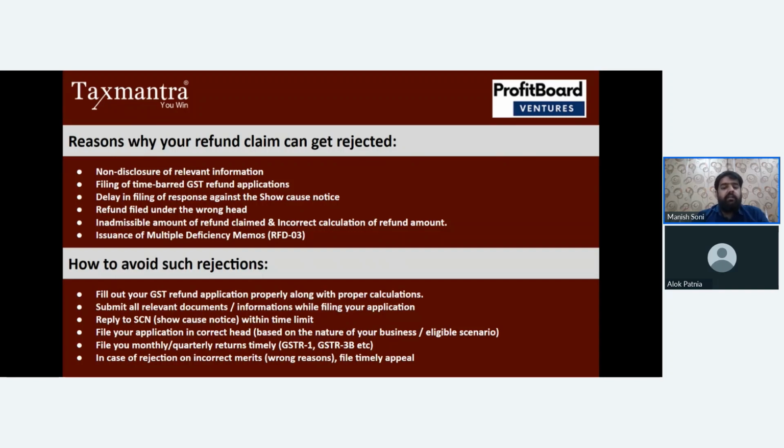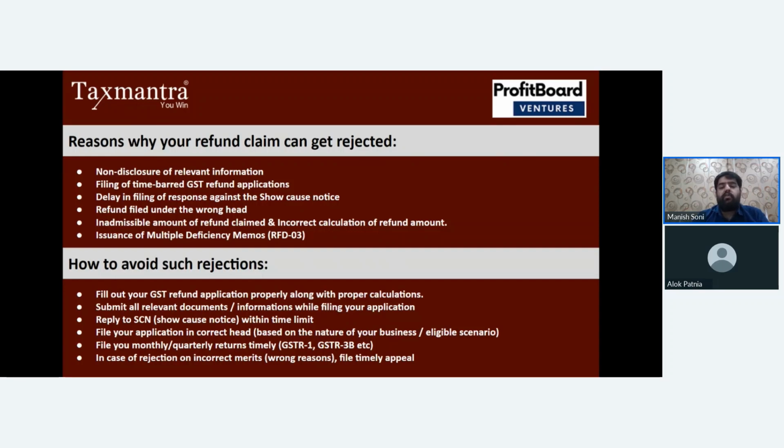Then the next major reason is show cause notice replies. In case you have made an application, your officer will issue a show cause notice, in which they might ask for more documents, or ask for your physical presence at the office, or they might need some clarification.